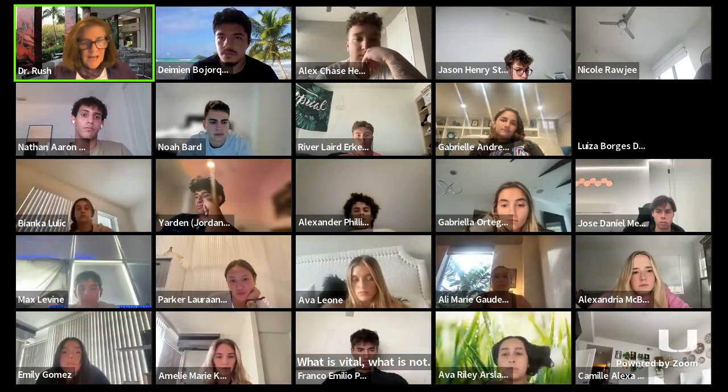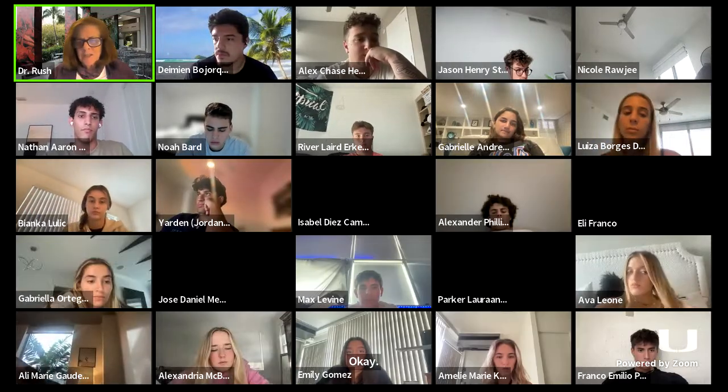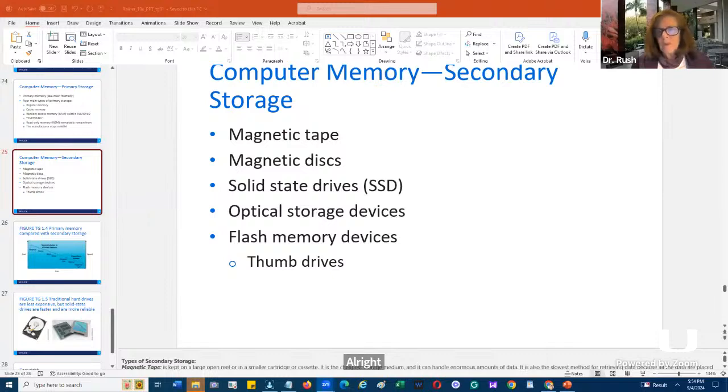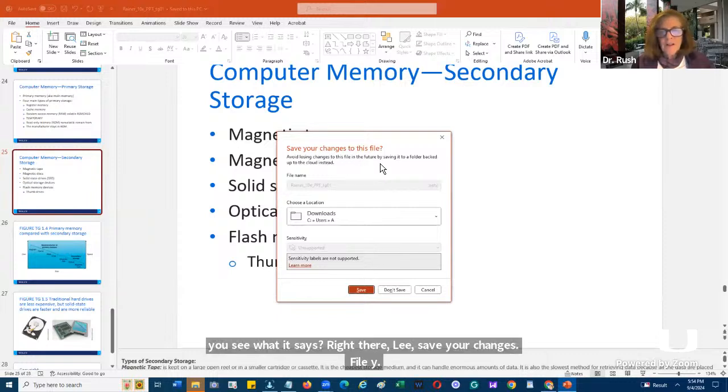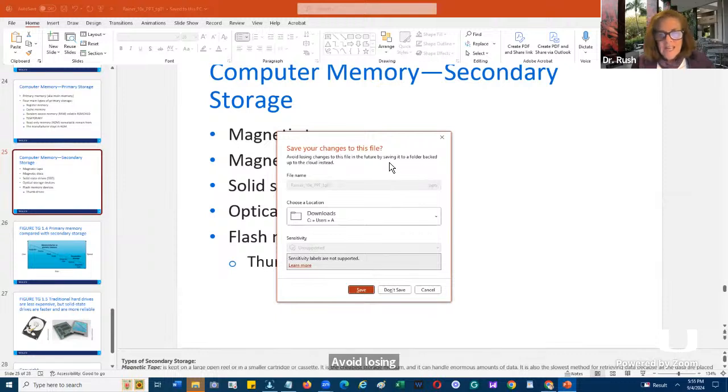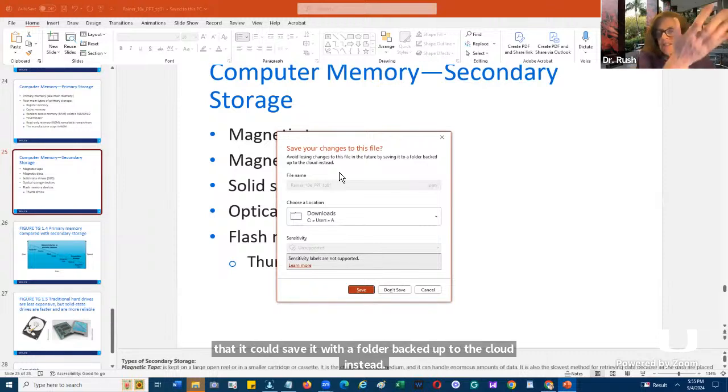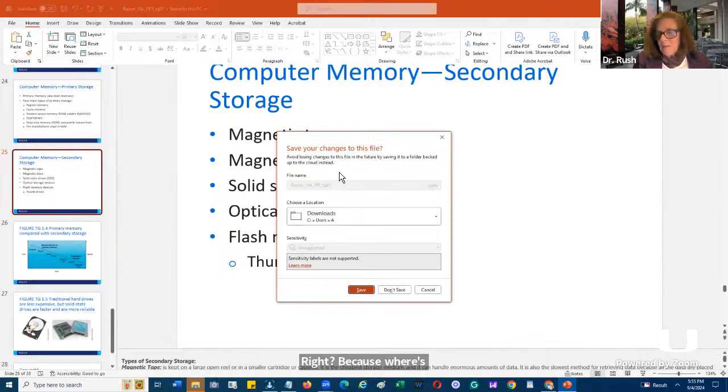All right, so the next thing is I want to share my screen. I'm going to close my PowerPoint, and look what it says. Did you see what it says right there? Amelie, save your changes to this file. Why? Avoid losing changes to this file in the future. So it says that it can save it with a folder backed up to the cloud instead, right? Because where is it right now? It's in my main memory, right? So it's in my main memory right now.